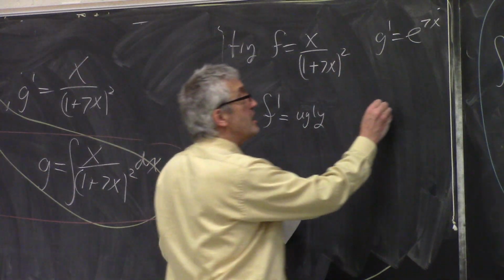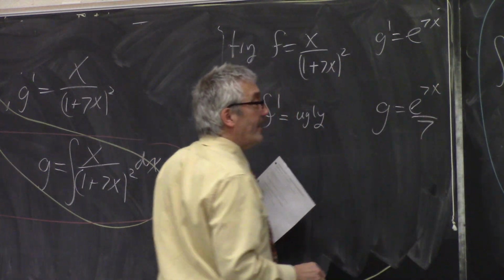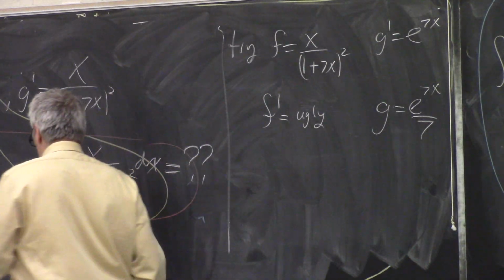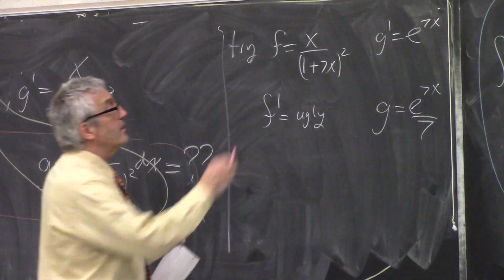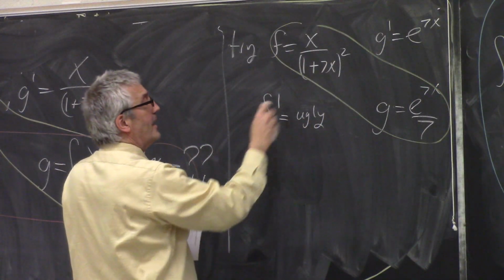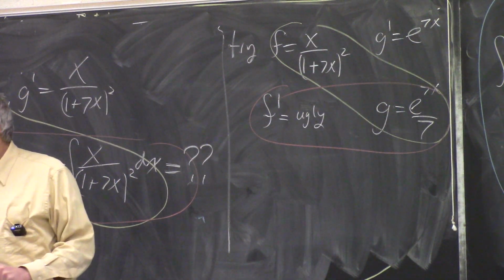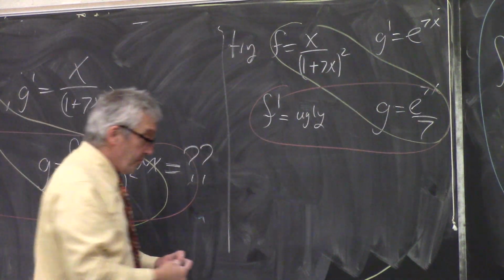And g is going to be e to the 7x over 7. So when I do my trick of these two things multiplied together minus this integral, it's going to be even uglier than the integral that we started with. So, nope.